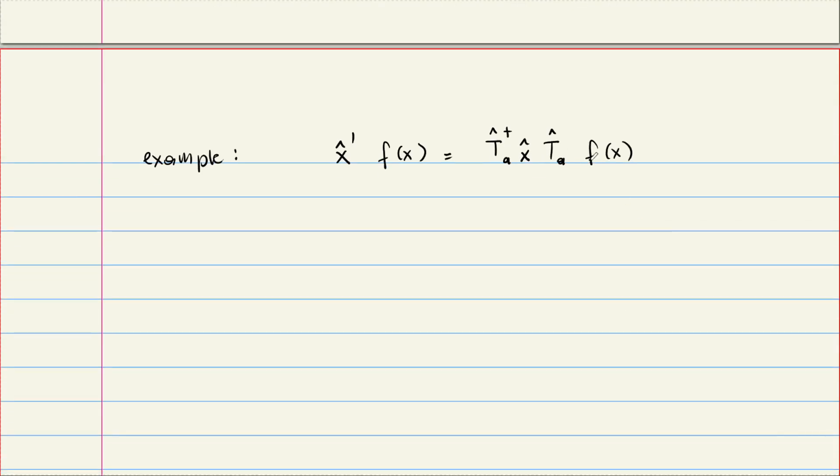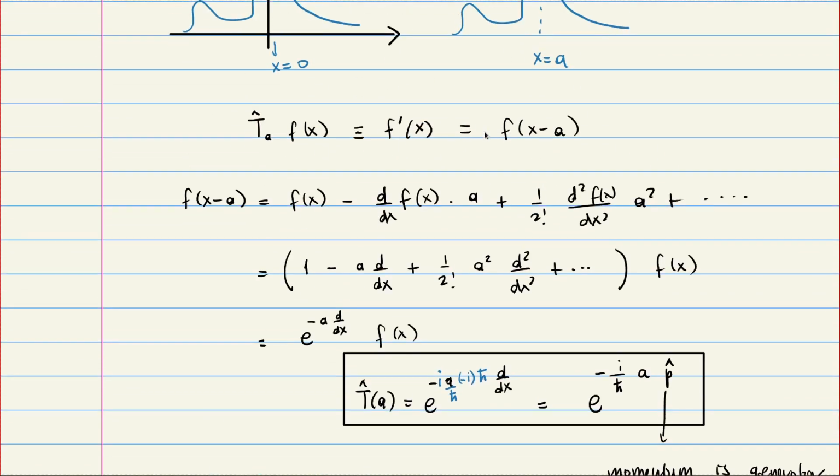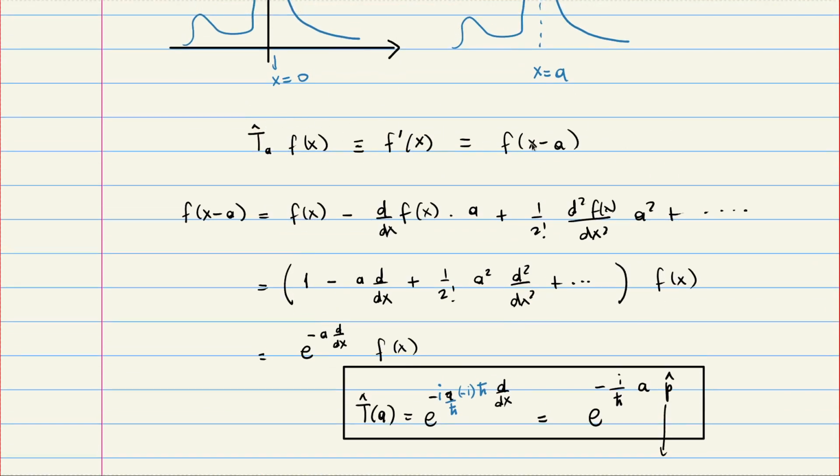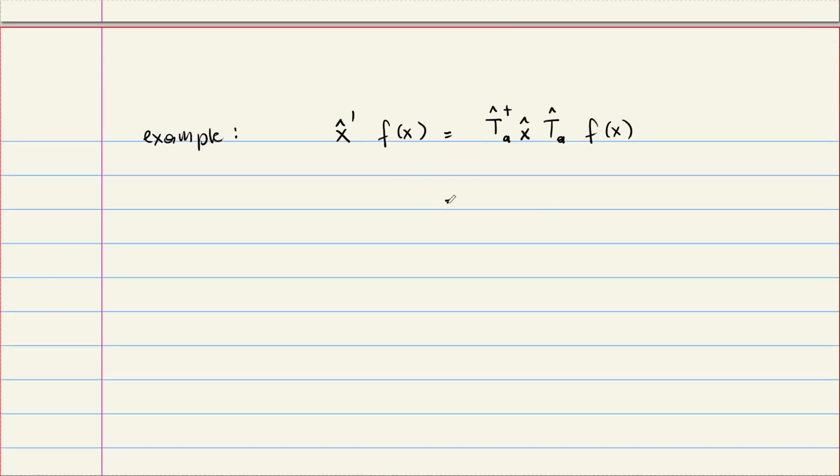And we know what T A does to f of x, right? T A acting on f of x is going to put x equal to x minus a in the function. So this is T A dagger x, and this is f of x minus a.